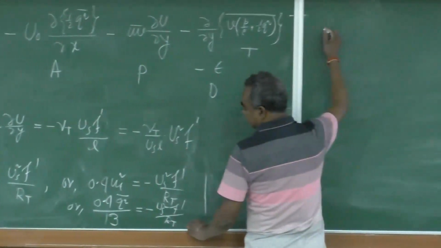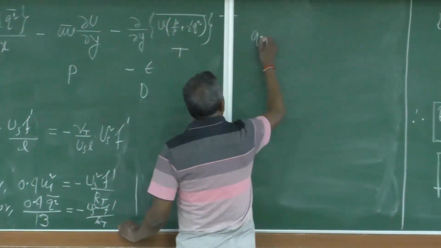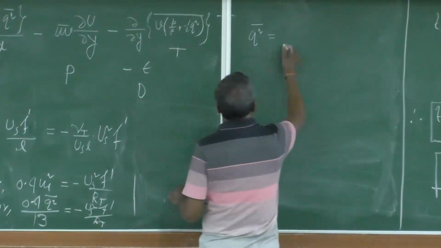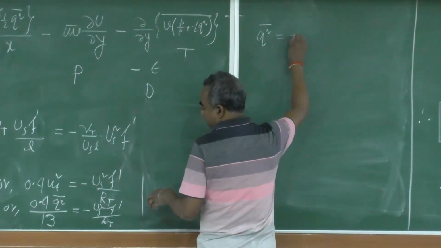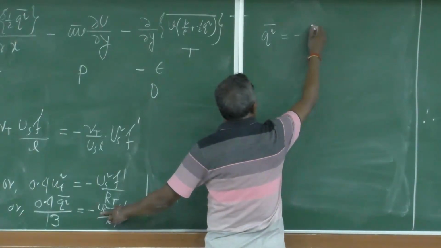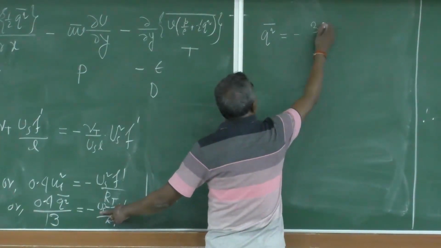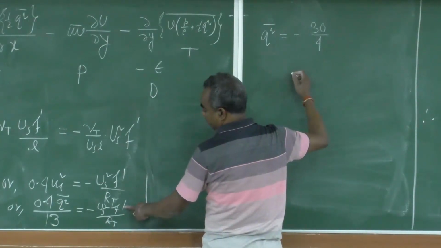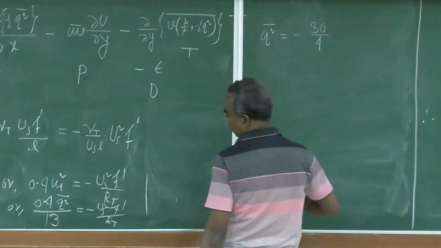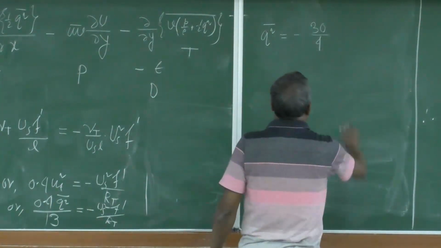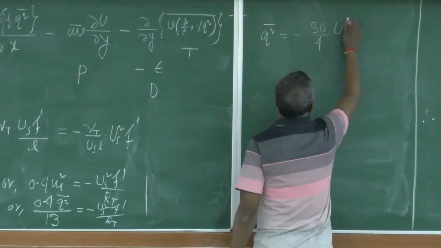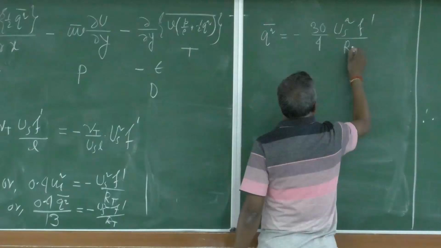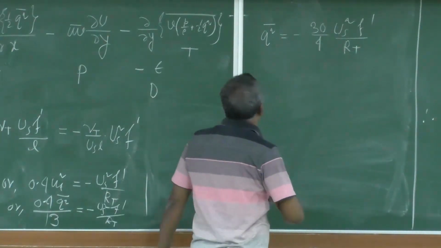So, what is this? We have to find out the value of this. So this equals, we can write minus 30 divided by 4, and u s square F prime by R t.